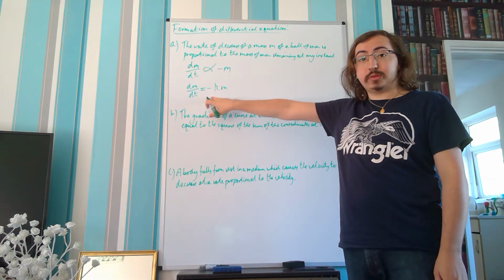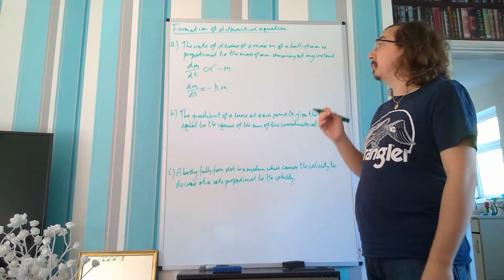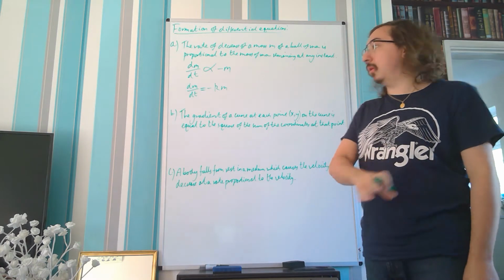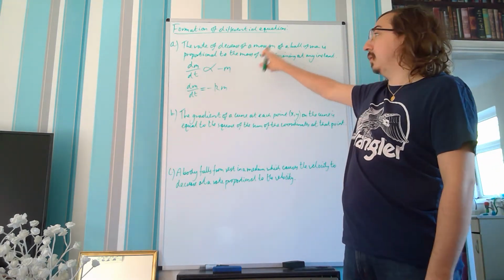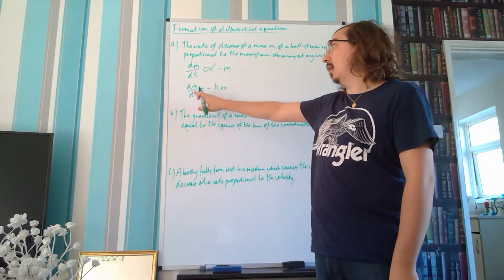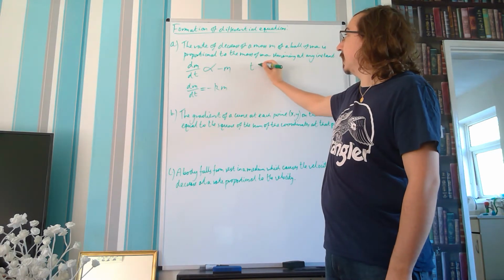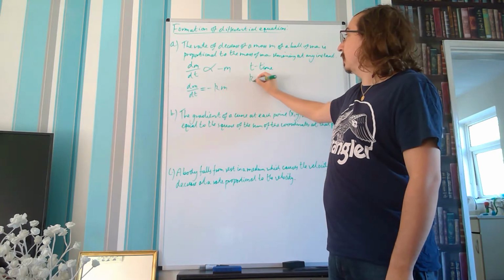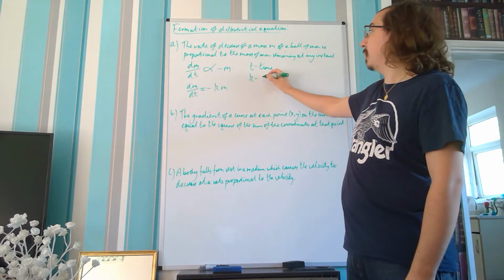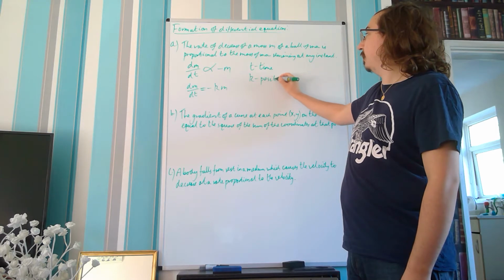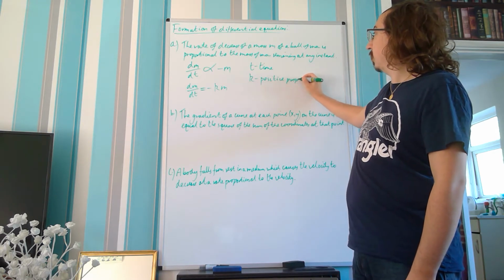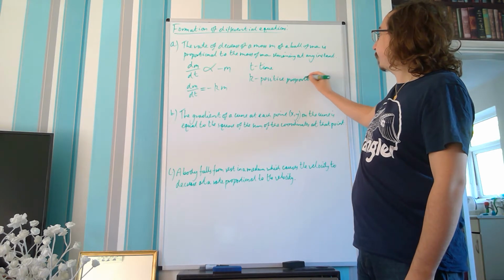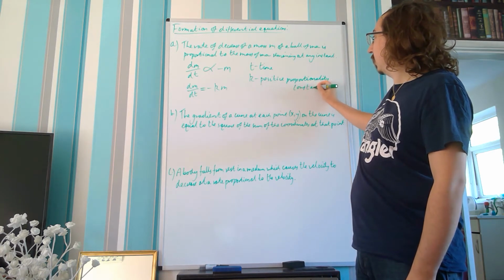Now, we'd normally stop there. That's our actual differential that we want. However, because we've defined a couple of variables, we need to state what they are. Now, m is given in the question, so you don't need to state that, but t is not, so we need to say that t is our time, and it's useful to point out k, which is our positive proportionality constant.